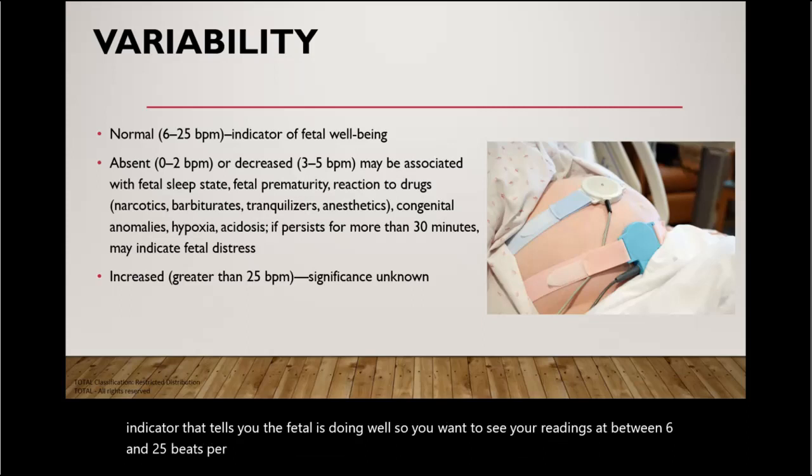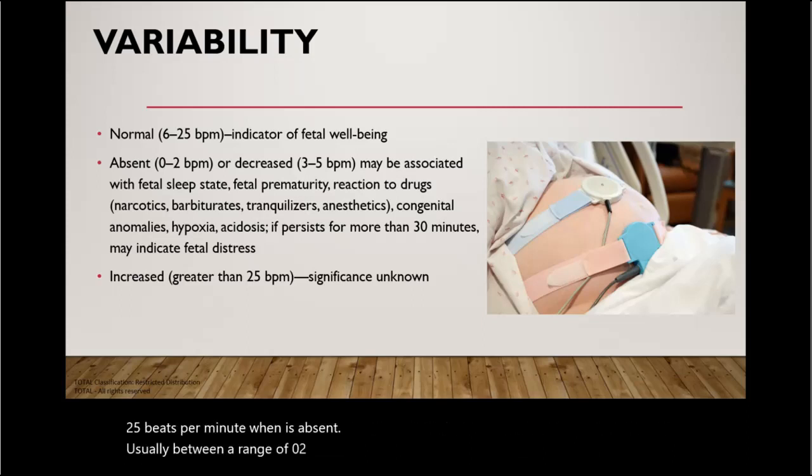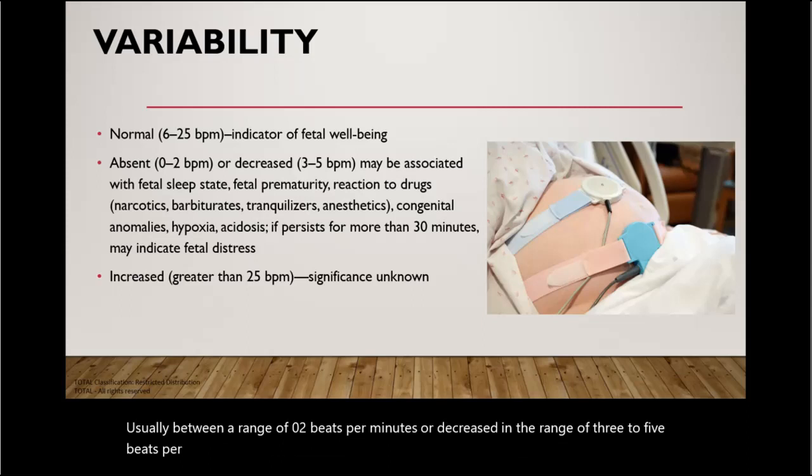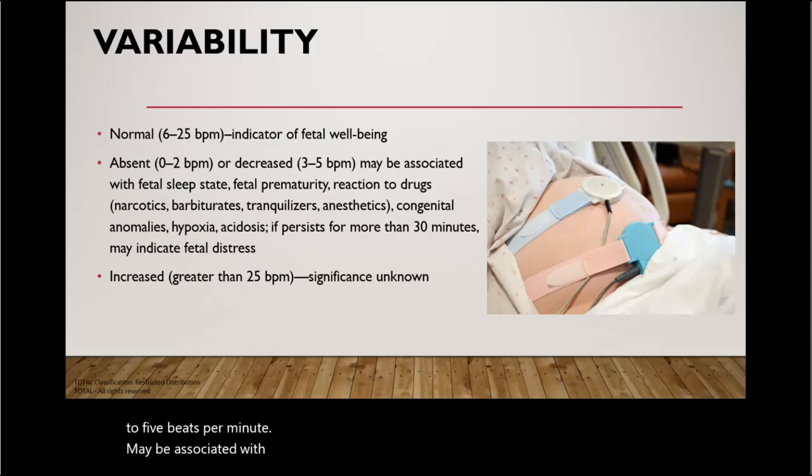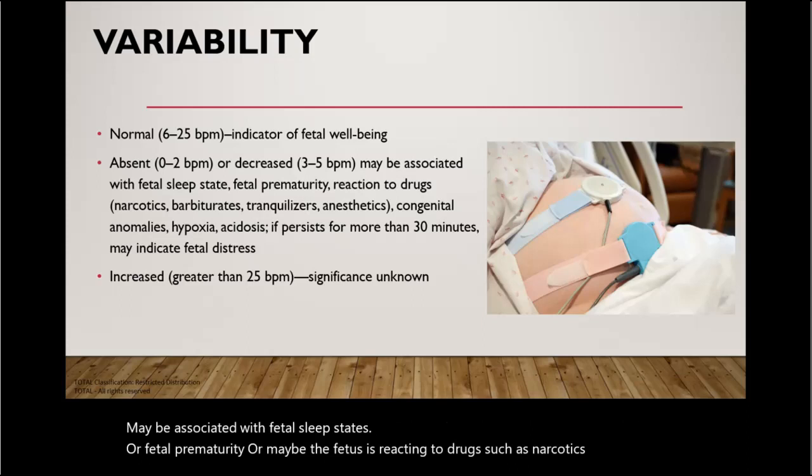When it's absent, usually in a range of 0 to 2 beats per minute, or decreased, in the range of 3 to 5 beats per minute, it may be associated with fetal sleep states or fetal prematurity, or the fetus may be reacting to drugs such as narcotics, barbiturates, tranquilizers, or anesthetics.